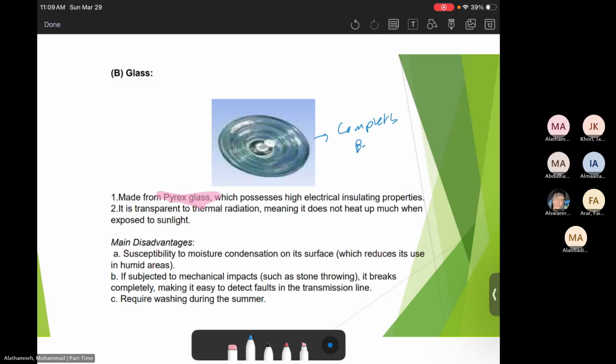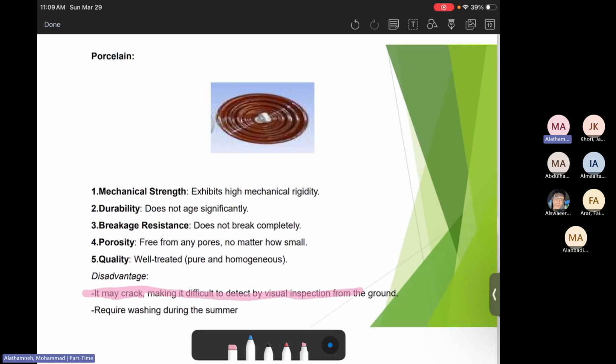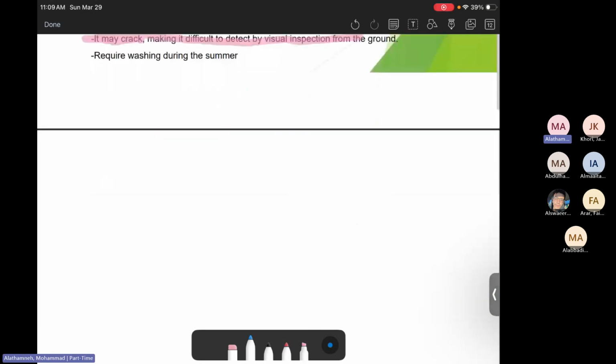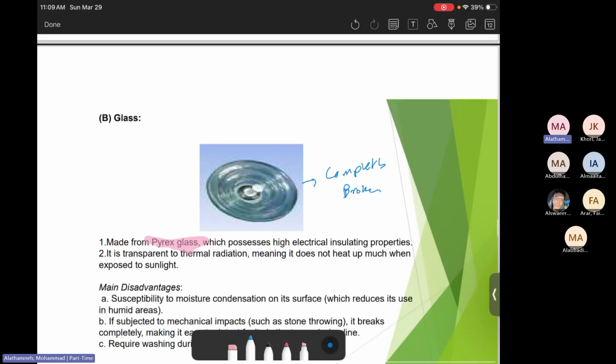While the porcelain can be broken partially. So porcelain, I would say, is safer than the glass because it will be broken partially, while the glass will be broken completely.